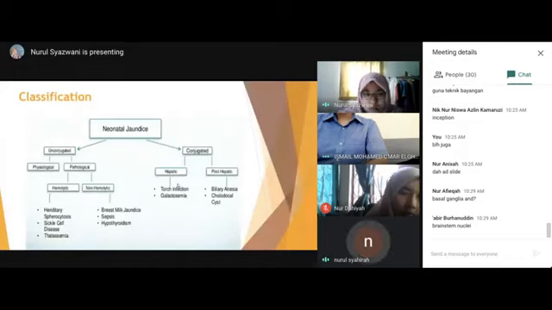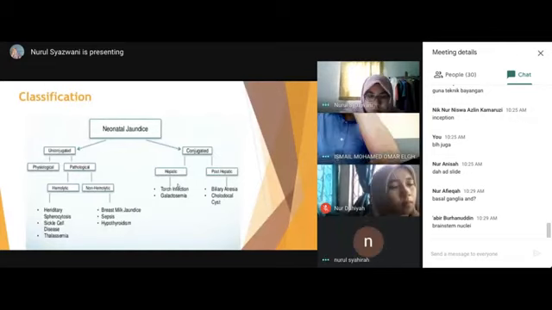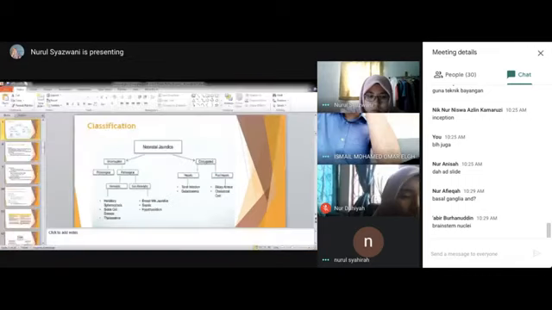Okay, Shahira, I will ask you here. In the hemolytic causes, you put sickle cell disease. I don't know which reference told you that sickle cell disease can cause neonatal jaundice. What's the reference?